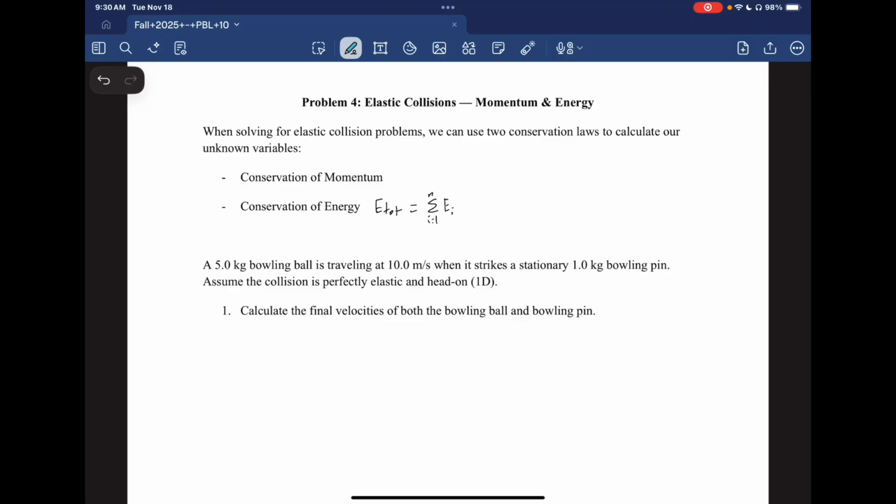And then conservation of momentum essentially says that m_i v_i equals m final, v final. So initial mass and initial velocity equals final mass and final velocity. And then you can add on however many, like if you got two masses, then it's like this.